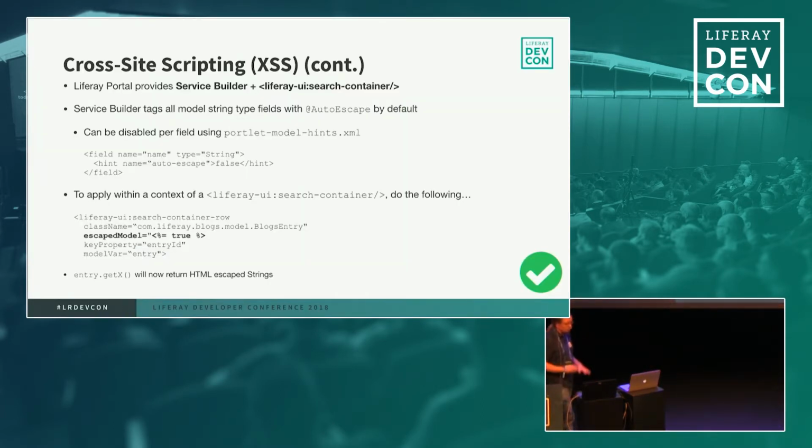But we can actually go a bit further than this. There's a convenience in Liferay when you're using Service Builder and you're using the Liferay UI search container tag. Because any model generated by Service Builder will annotate the model's interface with auto escape for string fields. The strings are the vehicle of cross-site scripting.